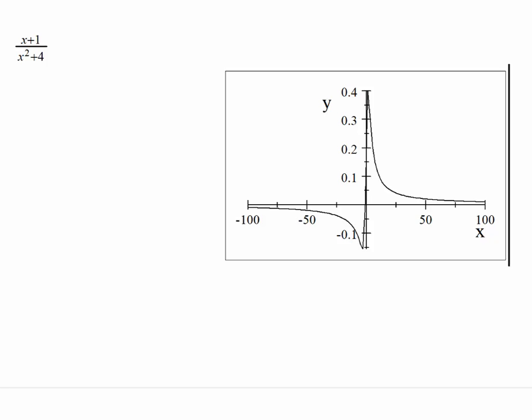Let's take up one more example. I'm just going to make up an example for you. Say I take the function given by x squared minus 2x minus 3 over x squared plus 2x minus 15.